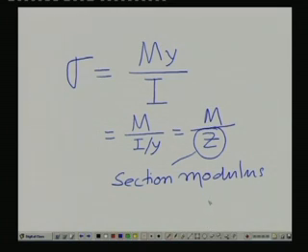You can see the stress level at any point can be reduced if we go on increasing the section modulus. How can you increase the section modulus? You can see I by y. So, obviously, section modulus can be increased in such a way, an example can be given over here.